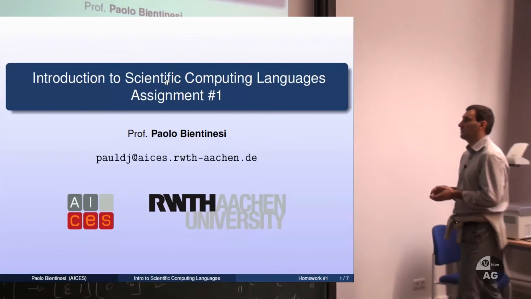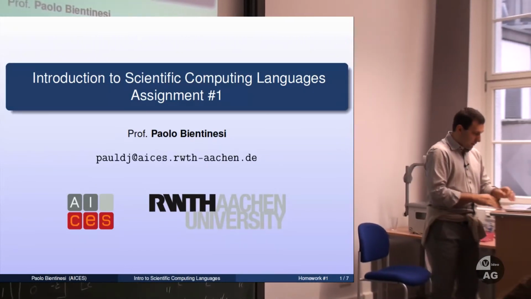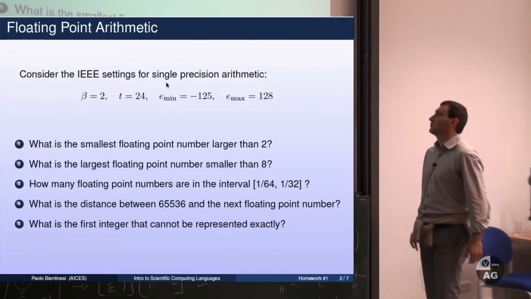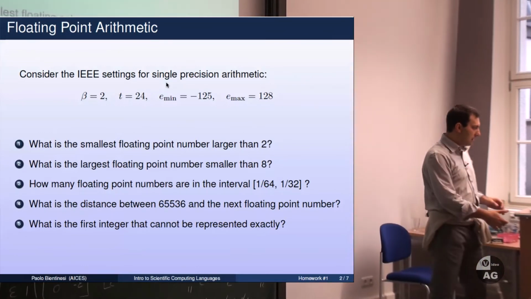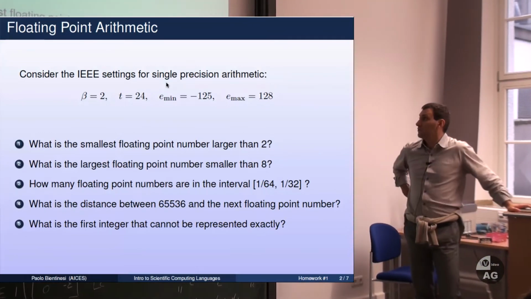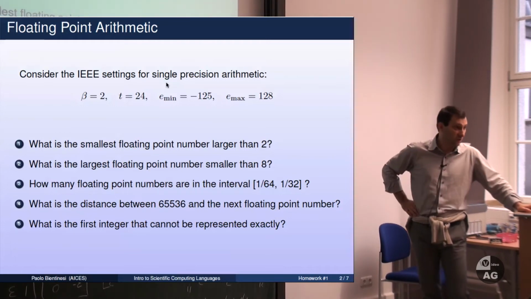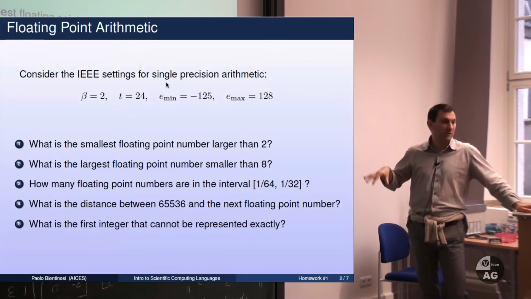We have some time to describe the homework and to give some examples. Part 1 is just a few questions on floating point arithmetic. We don't have to discuss this now. Just look at them at home. On Thursday, the exercise will be on floating point arithmetic.